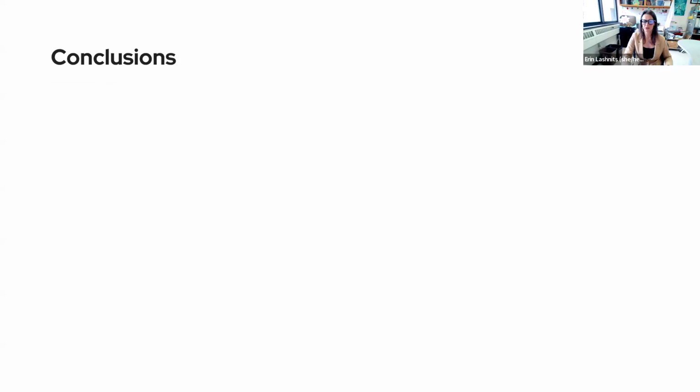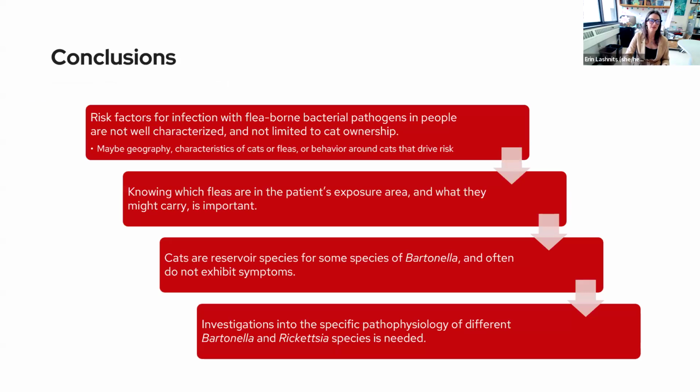And our broader conclusions, in general for flea-borne disease and cats, is that risk factors for infection with flea-borne bacterial pathogens in people, which is what we most care about from the human health side, still remain not too well characterized. We know that there's things beyond just purely cat ownership or just purely flea infestation.